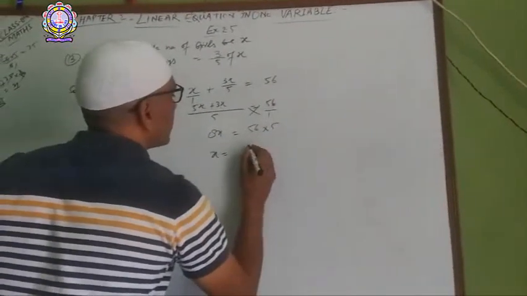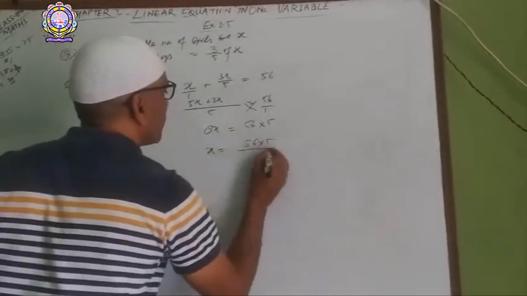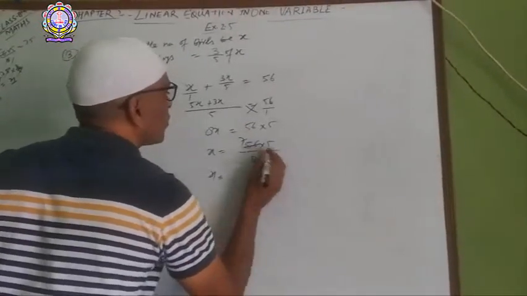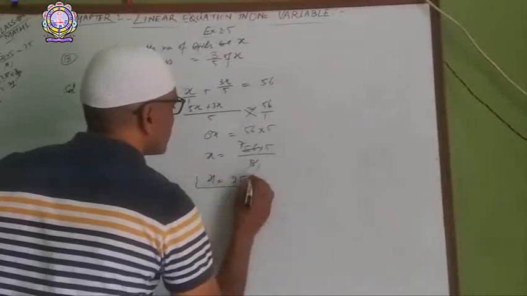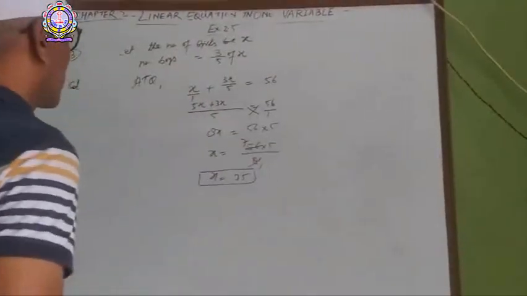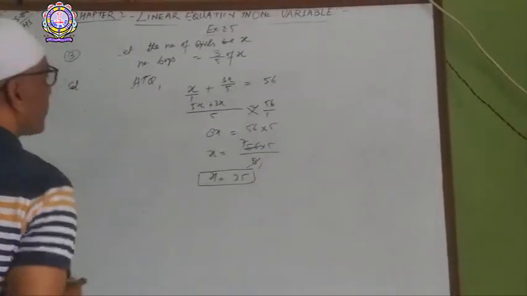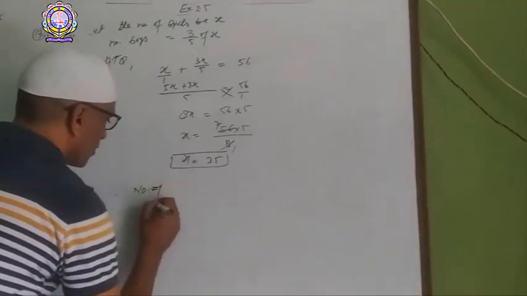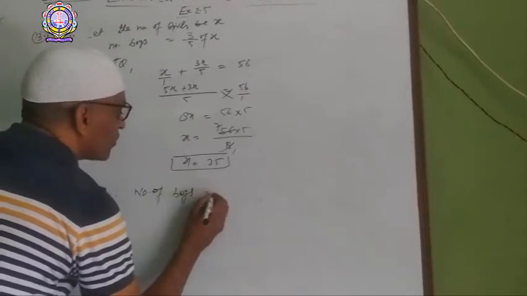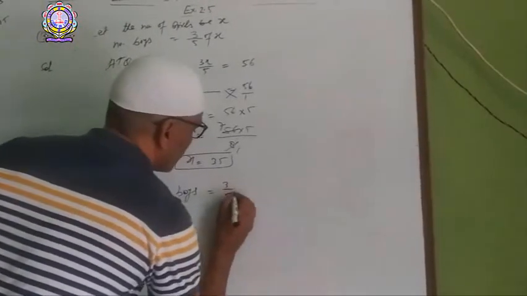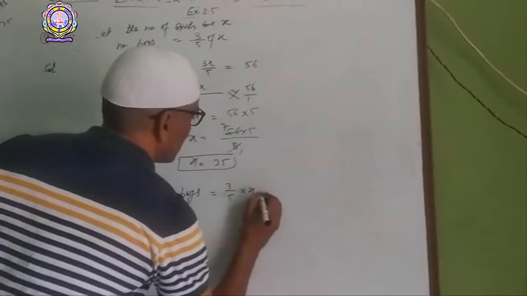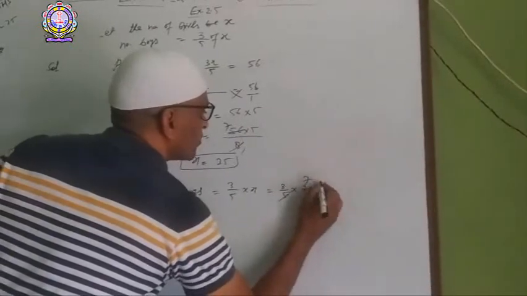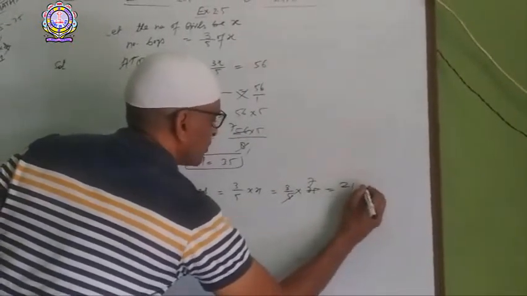You will get 56 into 5 upon 8. 8 1 is 8, 8 7 is 56. x is equal to 35. This is the number of girls. We have to find out the number of boys. Therefore, the number of boys will be equal to 3/5 of x, that is 3/5 of 35. 5 7 is 35, 7 3 is 21 boys.